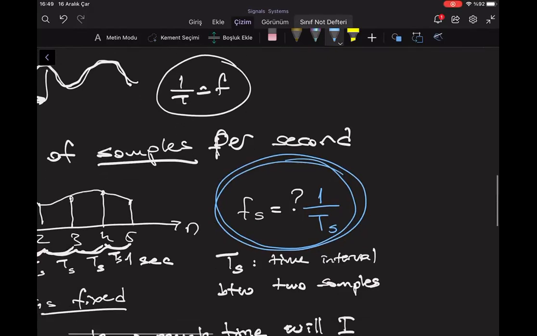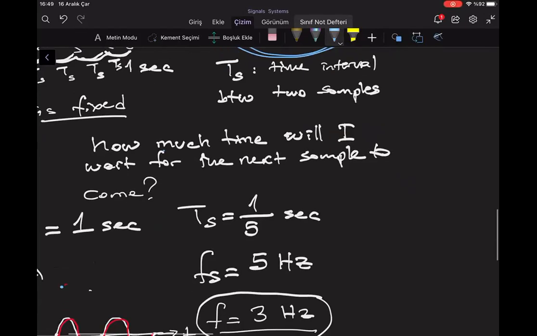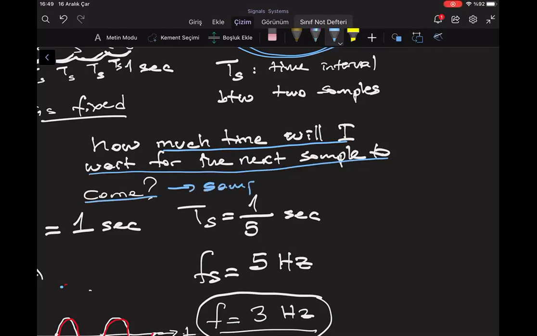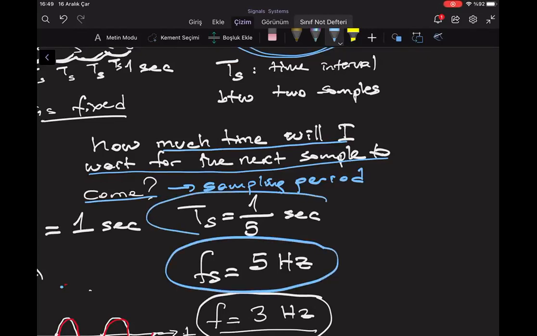What does sampling period mean? How much time will I wait for the next sample to come? This means sampling period. 1 over the sampling period is going to be the sampling frequency. Is this part clear?